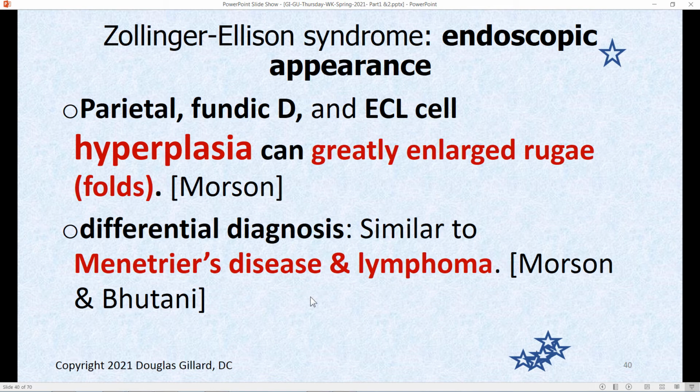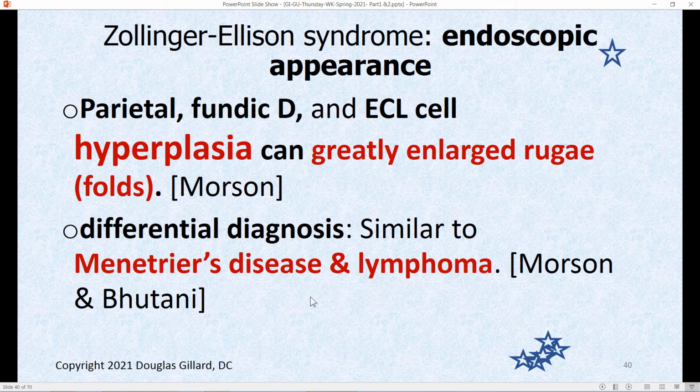How about the endoscopic appearance? We said this already. Hyperplasia. Practice makes perfect. The parietal cells, the fundic D cells, and ECLs are overstimulated, so they look huge under the microscope. They can get so huge that not only can you see them microscopically, you can see them macroscopically.